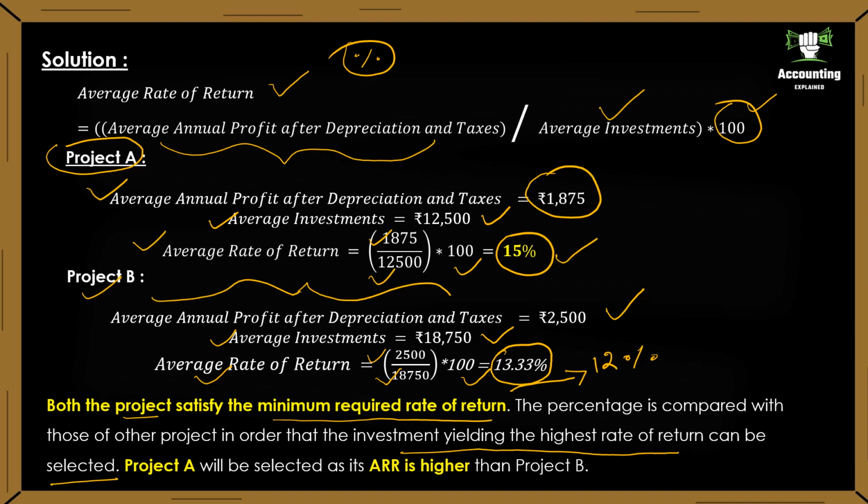Project A. So project A will be selected as ARR is higher than project B. ARR of project A is 15%, which is higher than 13.33%. That will be selected. Though both the projects satisfy the minimum criteria of 12%, the project which is giving the highest yield or highest rate of return will be selected. Here project A is selected.